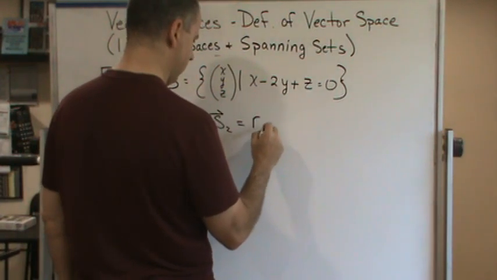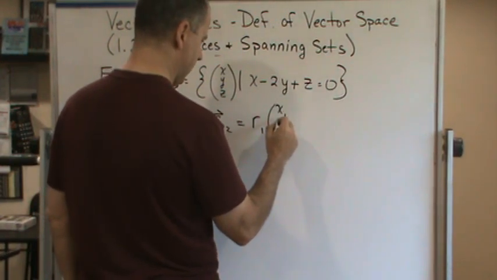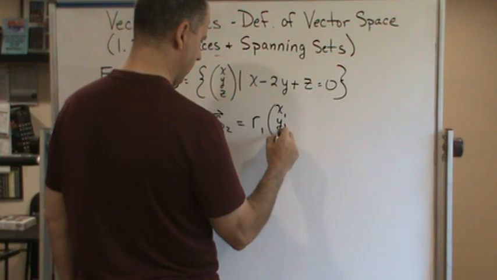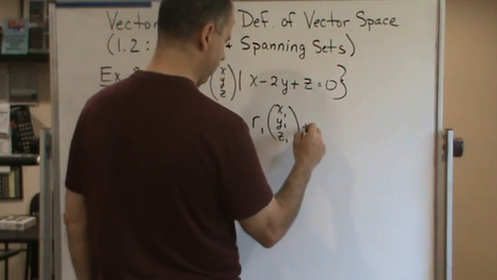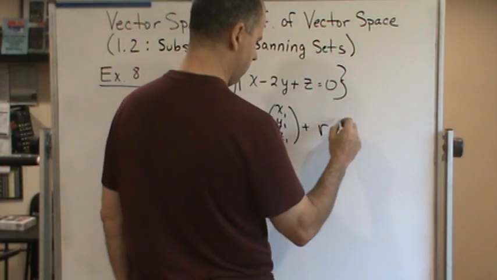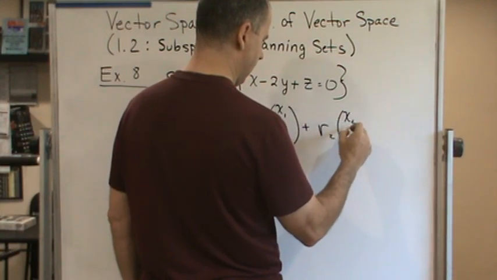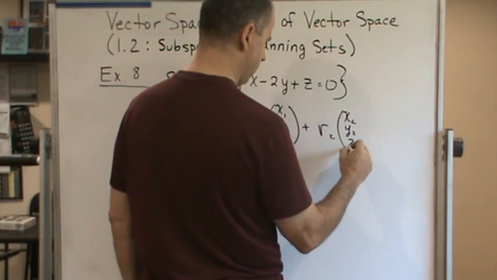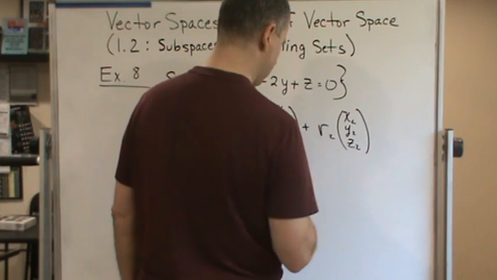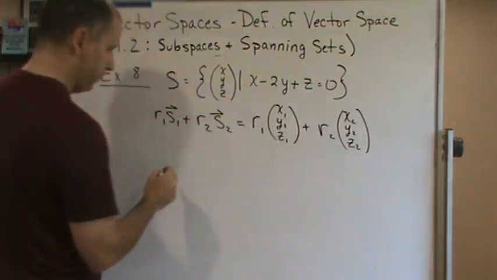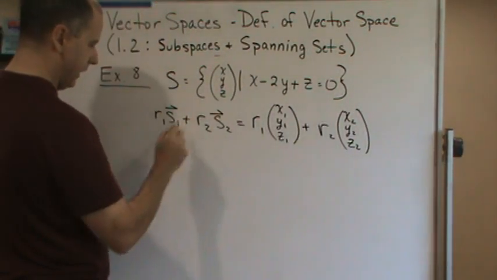So we have R1 times X1, Y1, Z1 plus R2 times X2, Y2, Z2. And so if we do this, what do we get?